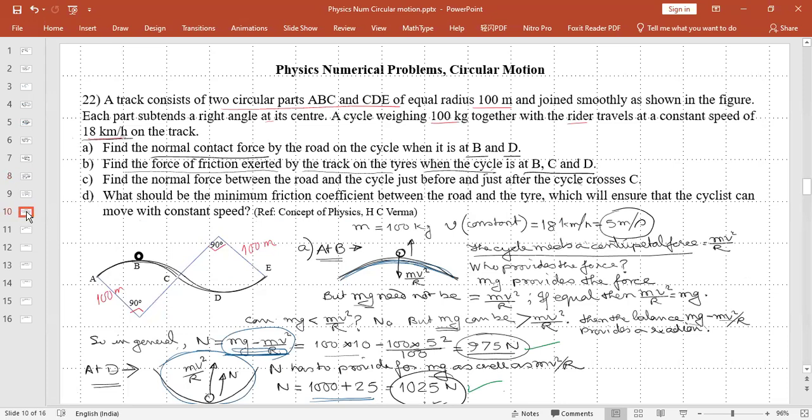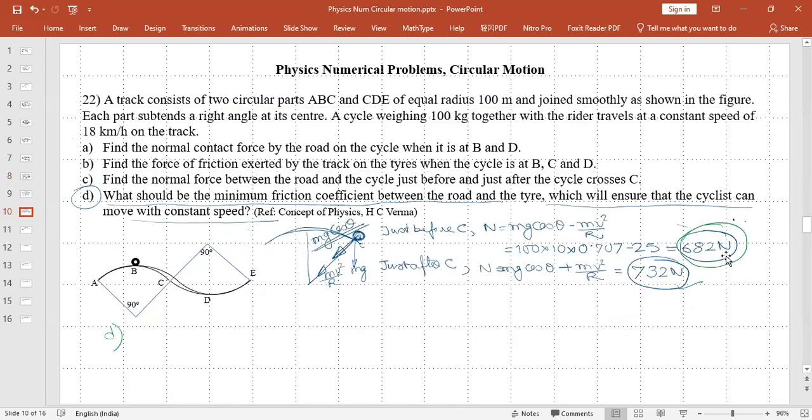So minimum normal force is 682 and it is just before C. So we write here, the normal force just before C is N equal to 682 Newton.